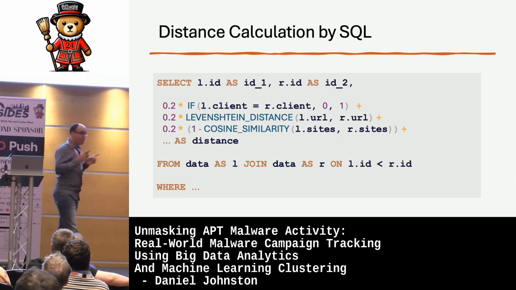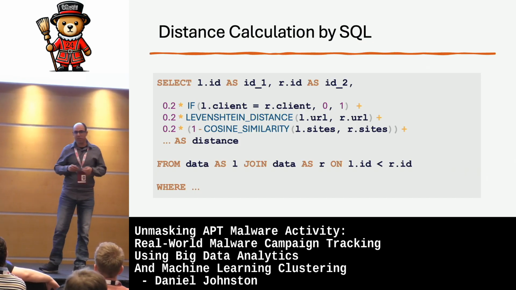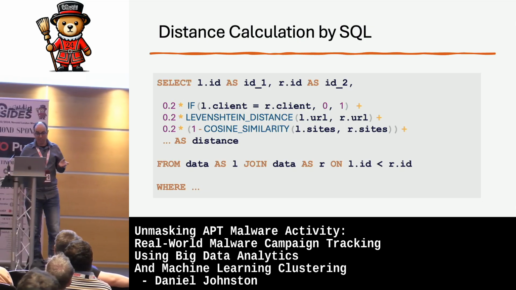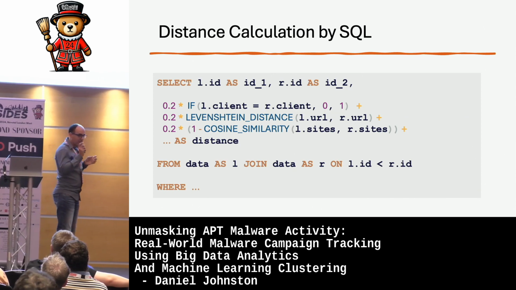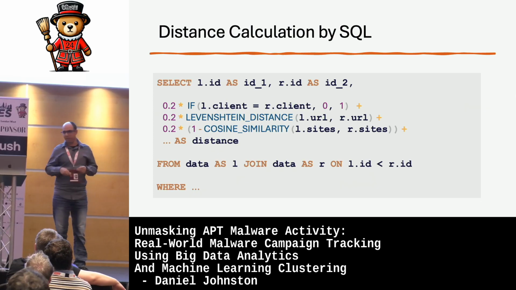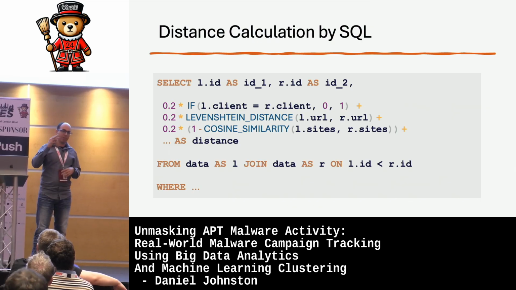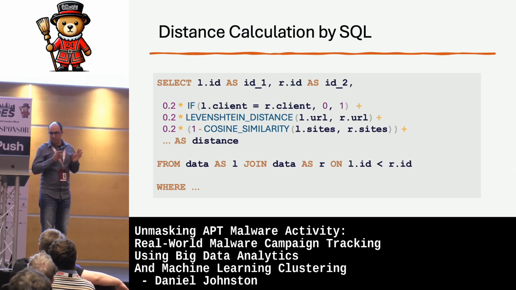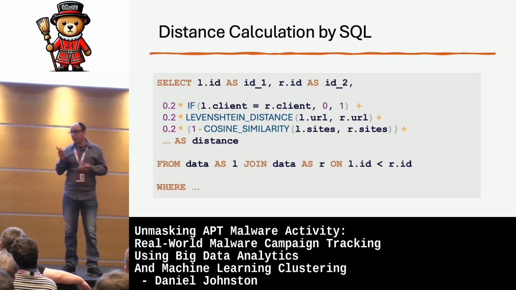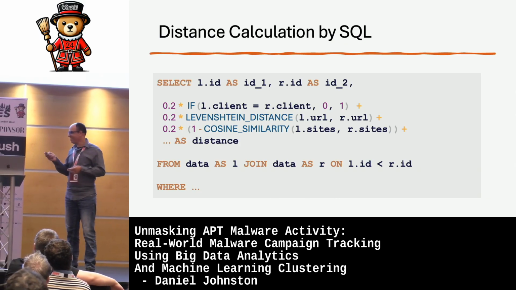We use the Levenshtein distance, which is also called the edit distance, to see if the injected URLs are the same or close to each other. We also use the cosine similarity function to look at the attacked sites histograms to see if the two attacks were done on the same attacked sites. Of course, the real distance function is more complex. We have more features, but this is the idea of how you can calculate distances between attacks using SQL. That's it for me, and back to Daniel.